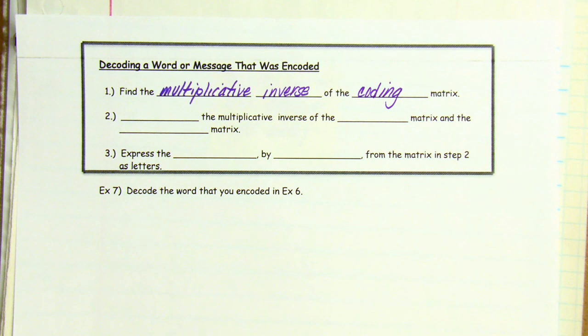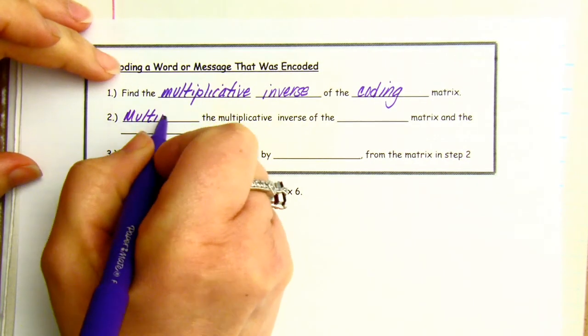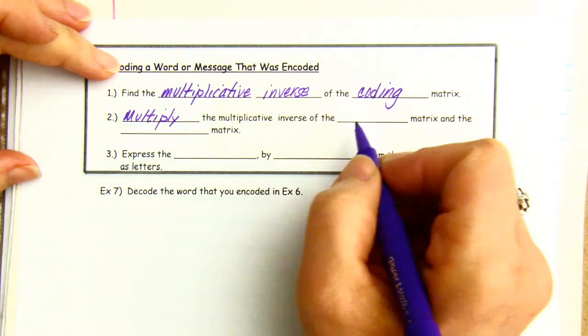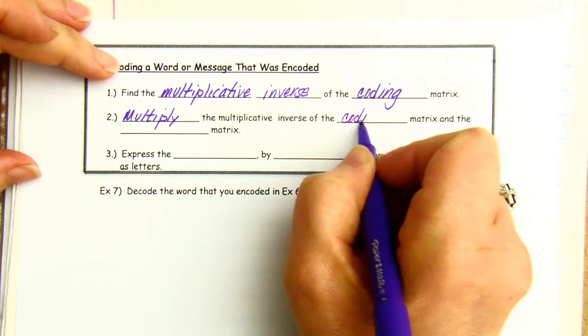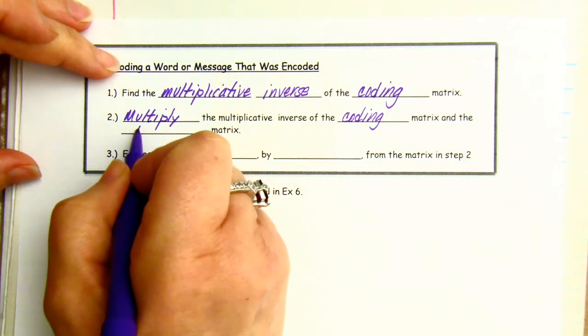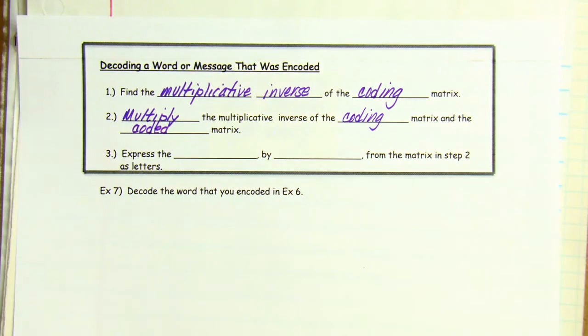And so then we're going to find the multiplicative inverse of that coding matrix. And the next thing we do is multiply the multiplicative inverse of the coding matrix with the coded matrix. Okay, so that's your matrix multiplication.